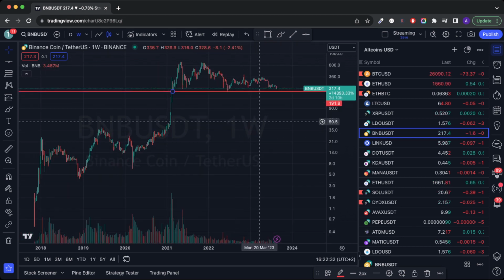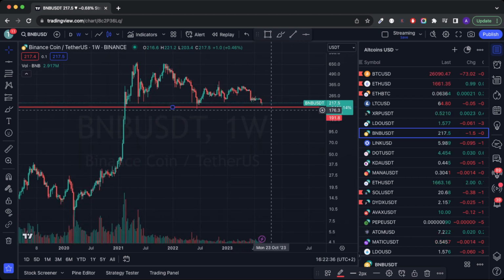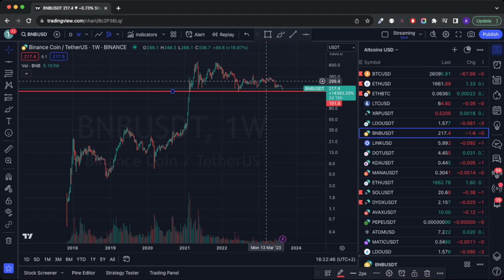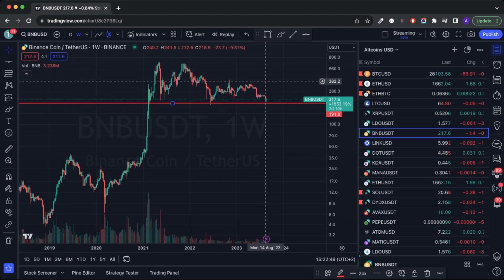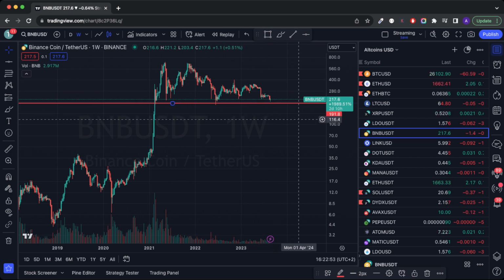I'm not saying it needs to touch this area, but I think this won't be a small move in percentages, and at the moment it looks really heavy. I think the only thing still preventing this from going down is basically just CZ pumping it as much as he can without losing too much money, but it definitely doesn't look good.